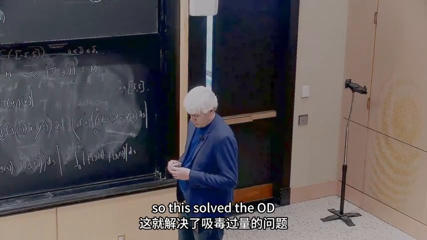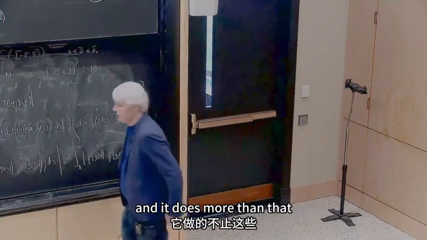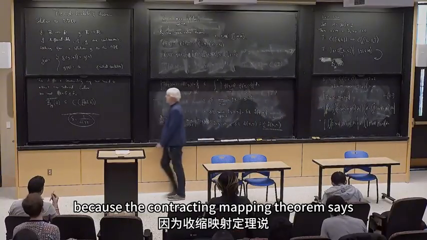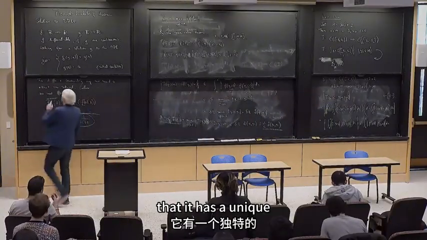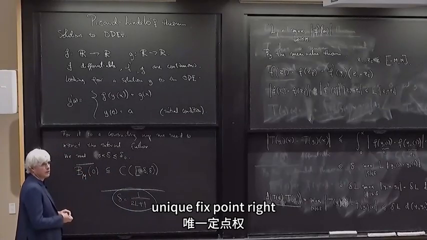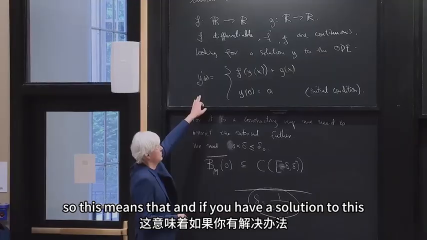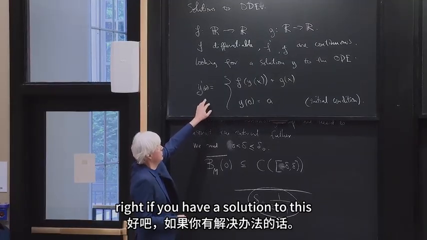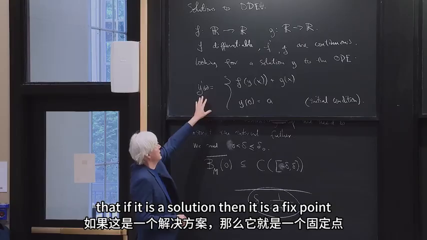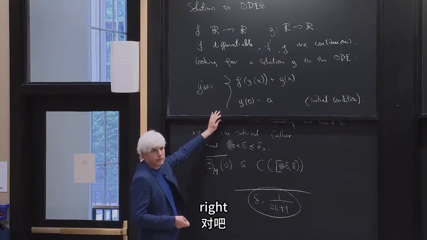So this solved the ODE, and it does more than that, because the contracting mapping theorem says that it has a unique fixed point, right? If you have a solution to this, then we saw last time that it is a fixed point, right?